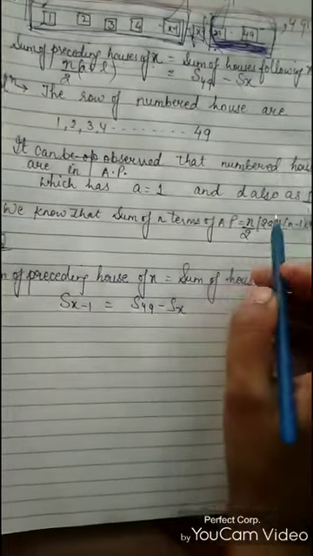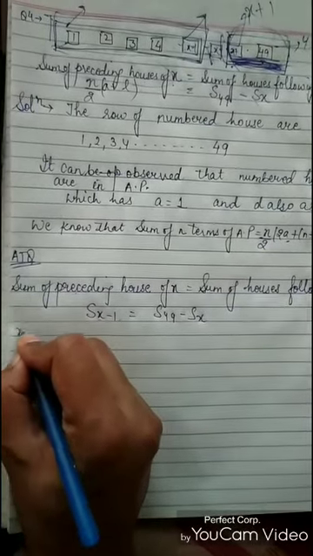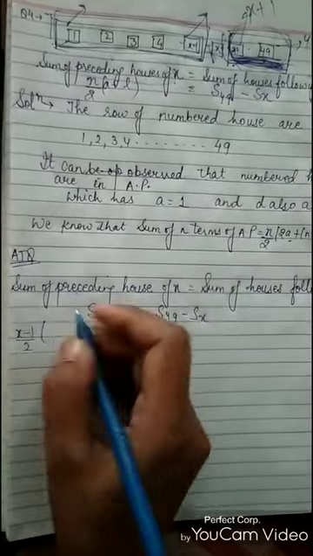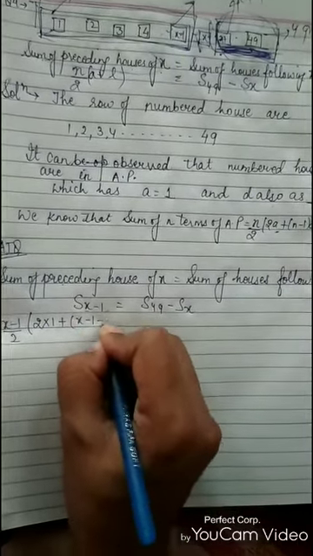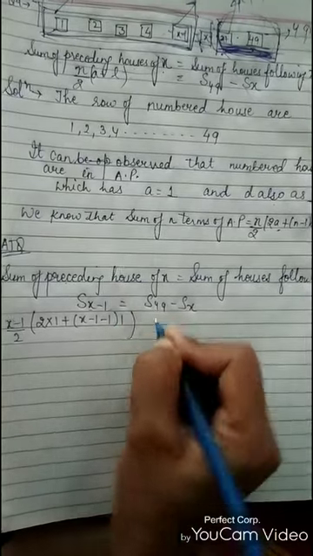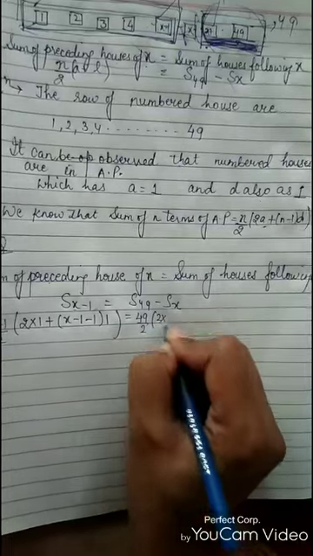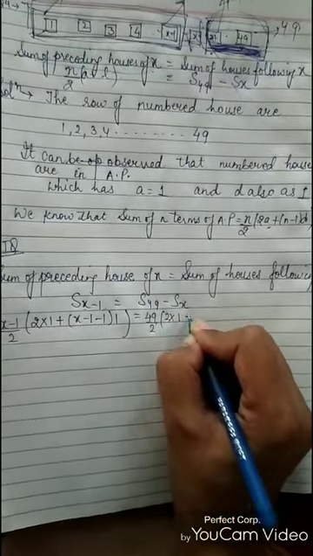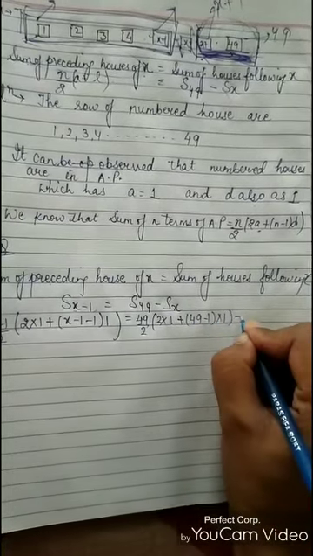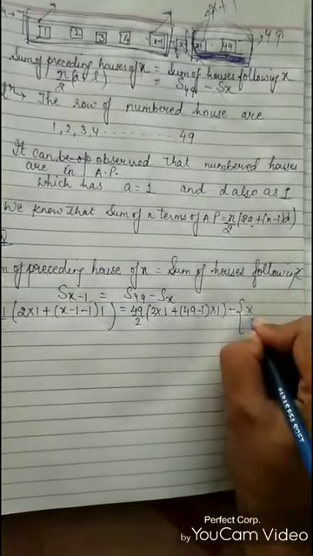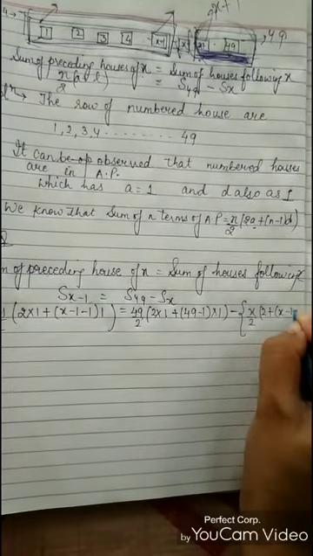Now this is the formula, in place of n we'll write here x minus 1. So (x minus 1) upon 2, 2a, a is 1, plus (n is x minus 1) into d is equal to 49 upon 2, 2 into 1 plus (49 minus 1) into 1, minus x upon 2, 2 plus (x minus 1) into 1.